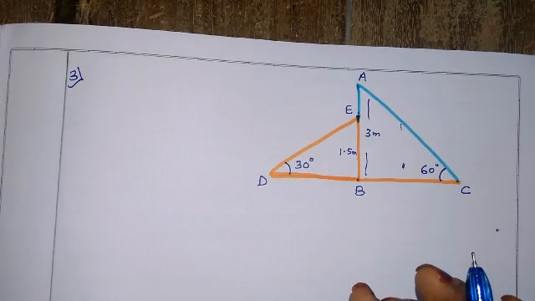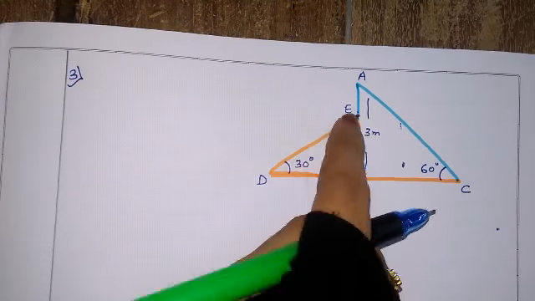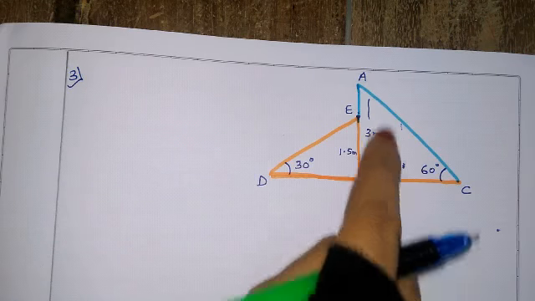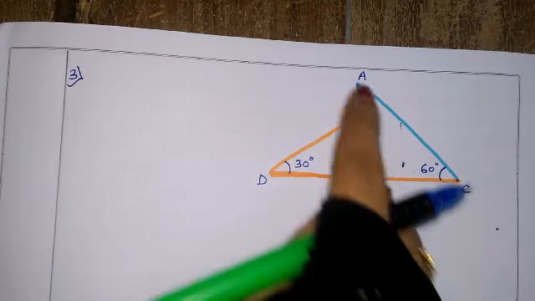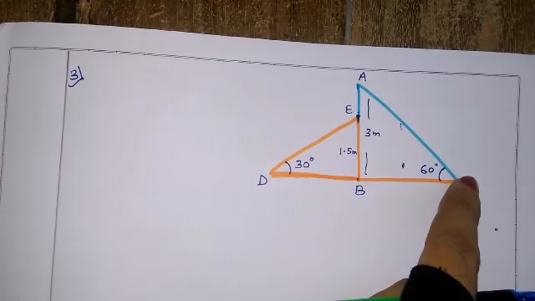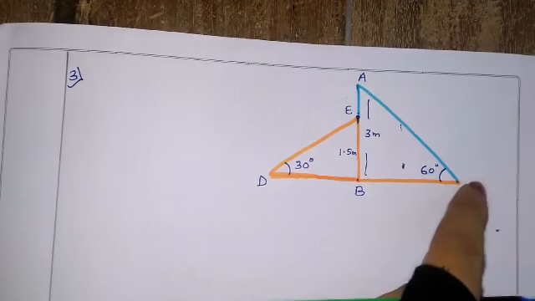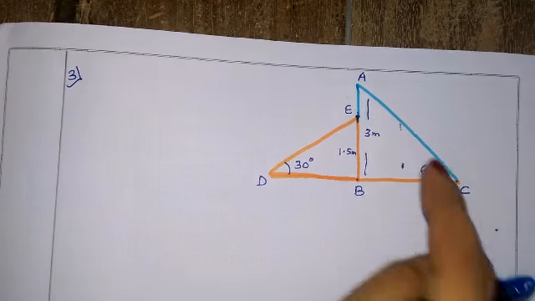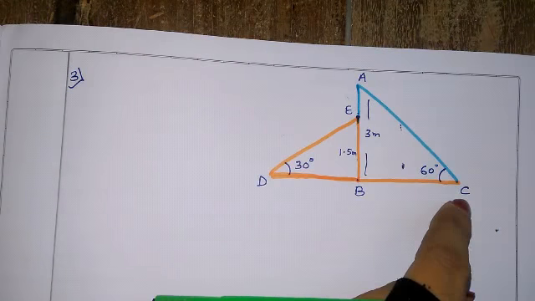You will get the DE value, the length of the slide. Same way in triangle ABC, sin 60, why? Opposite upon hypotenuse. Sin 60 is equal to AB by AC. Same way you will get the AC value, that is the length of the bigger slide.